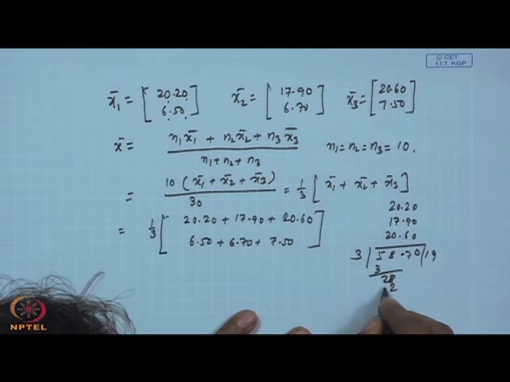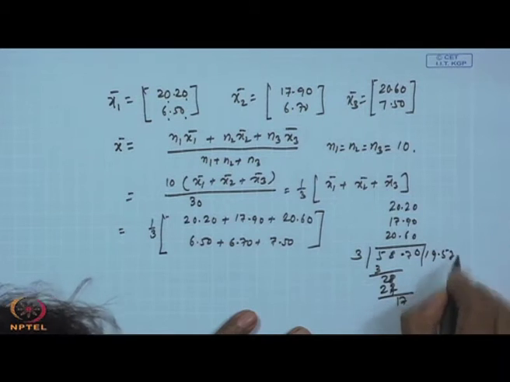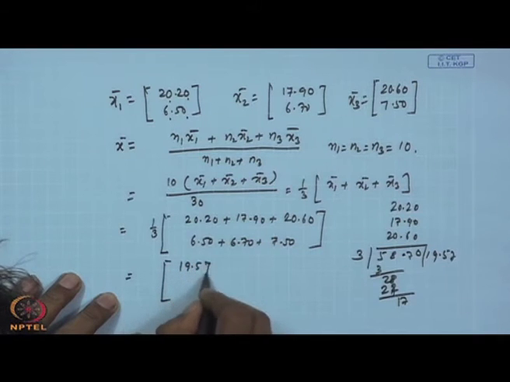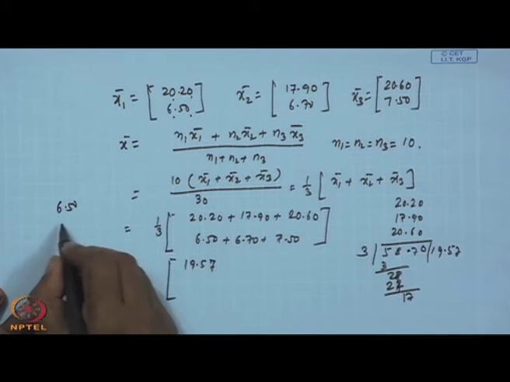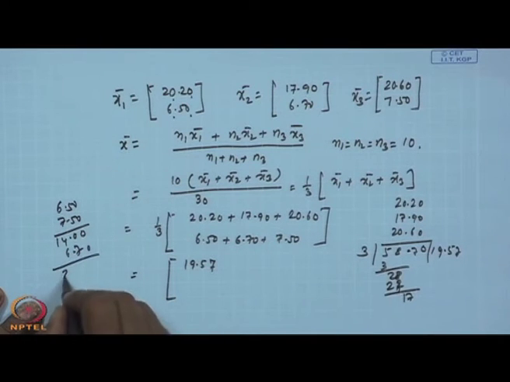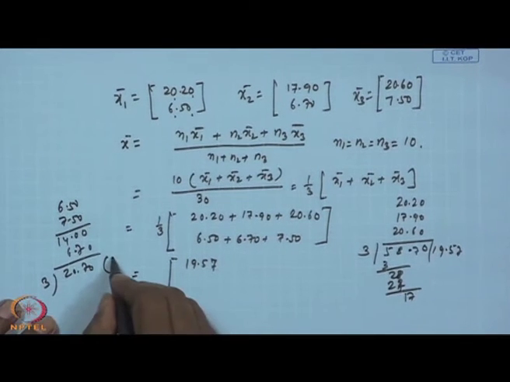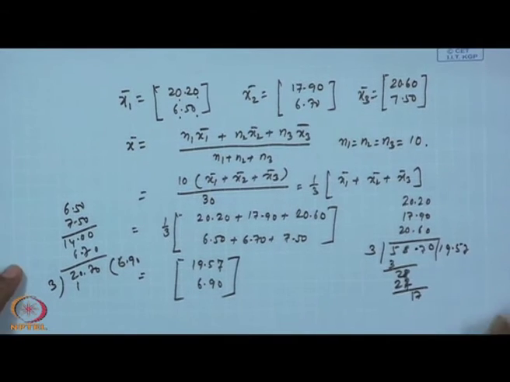Dividing 58.70 by 3, this quantity will be 19.57, and the second one, 6.5 plus 7.5 is 14, plus 6.70 is 20.70, divided by 3, will be 6.90.